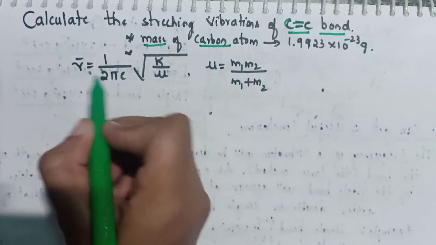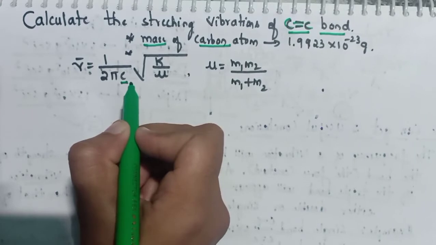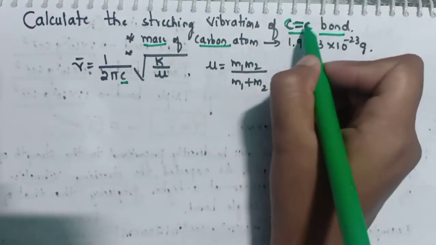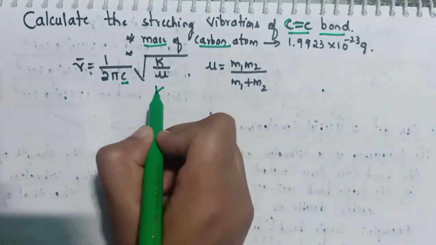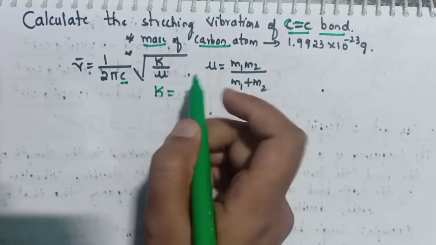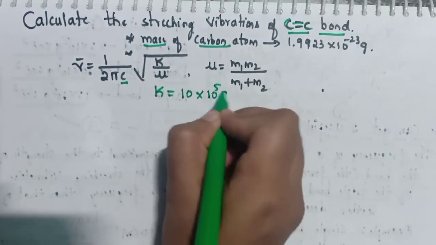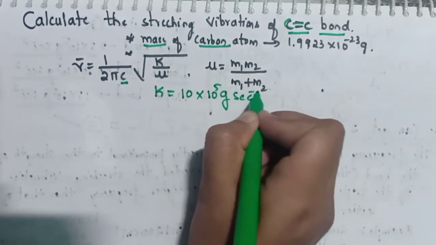This is the wave number, c is the speed of light, and k is the force constant. Here a double bond is present, so the force constant will have the value I have already said, 10 × 10⁵ grams per second square.